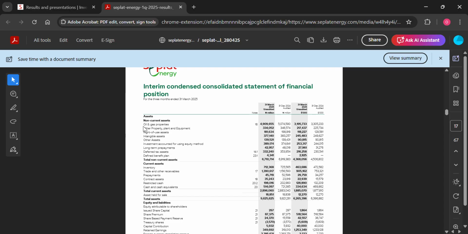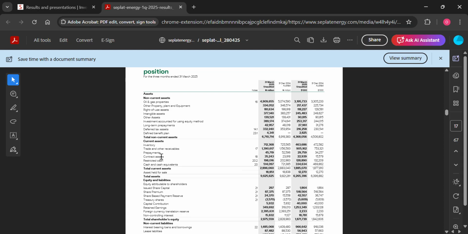You see them here: oil and gas property, PPE, property, plant and equipment, right of use. These ones under non-current can't be converted to cash within 12 months. Then we have the current assets. These are the consumables like inventory, the stock, the prepayment, the cash and cash equivalent that can be turned into cash within the 12 months.